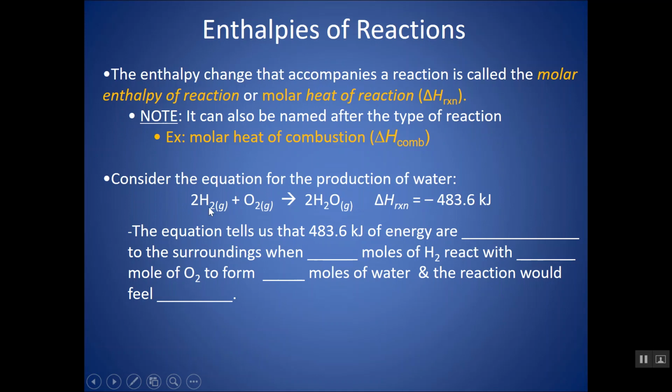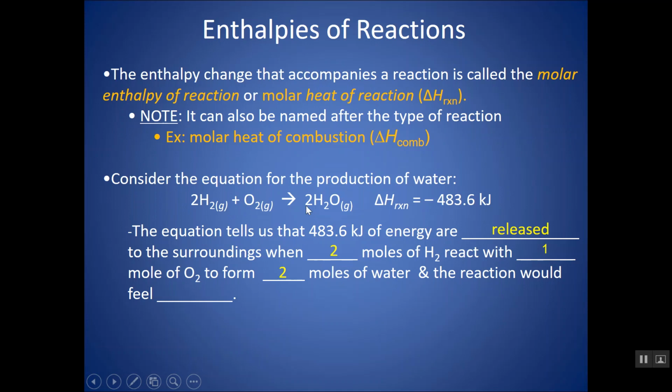So let's say you have a reaction, and then afterwards you might see a delta H equals and a value with a sign. So this is telling me that 483.6 kilojoules of energy are released, because it is a negative sign, into the surroundings when 2 moles of H2 gas react with 1 mole of O2 to produce 2 moles of H2O.